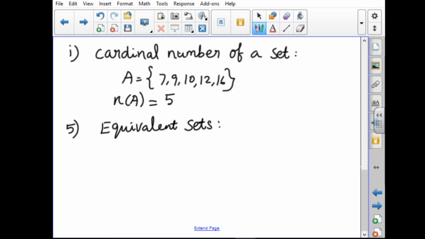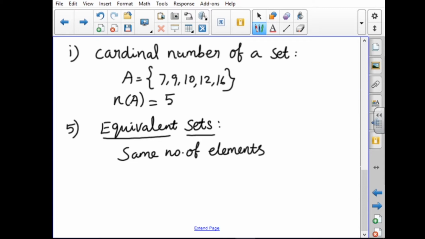Now we are going to talk about two sets. First one, equivalent sets. Two finite sets A and B are said to be equivalent if they contain the same number of elements. If the two sets have an equal number of elements, they are called equivalent sets.